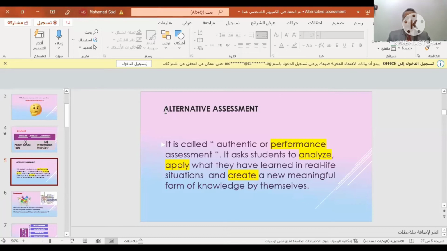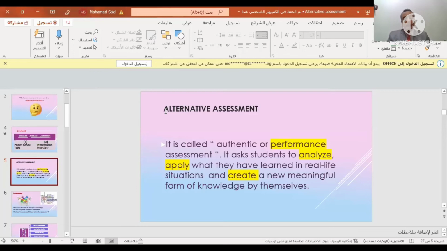The more you make the student participate in their assessment, the better chance for them to learn, because now they are guiding their learning, and the students are active. Of course, they are active in the alternative ways, the presentation and the interviews. And of course, the student is self-directed in the alternative ways.